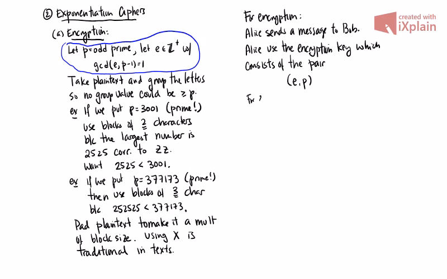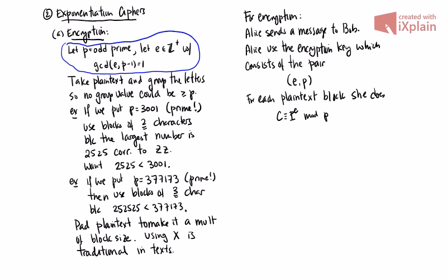So for each plain text block, could be 2 characters, could be whatever, this is what she does. She figures out the ciphertext. The ciphertext C will be P to the E mod little p, right?